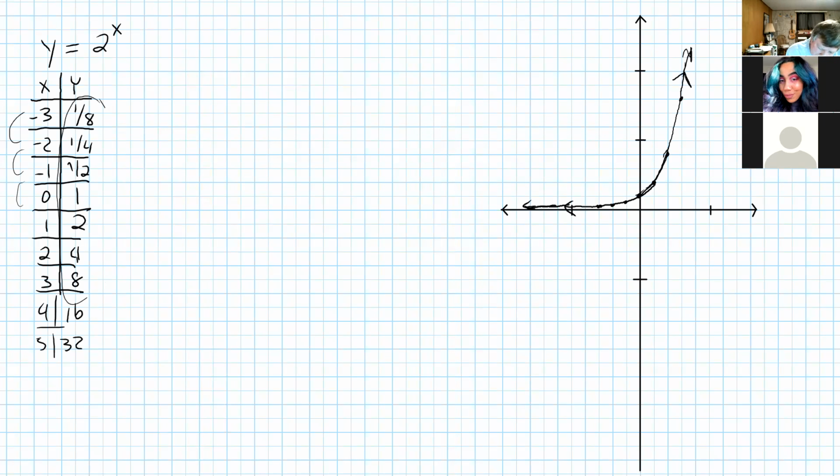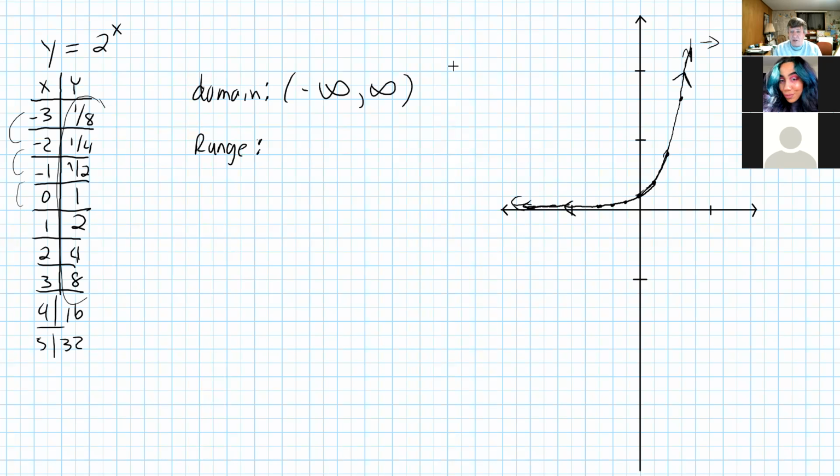So let's talk about the domain and the range. I was going to get to that eventually, but we can look at it right now. Can you see that the domain is all real numbers, because this graph continues to the left and, as it's going up, continues to the right? So the domain would be from -infinity to +infinity.